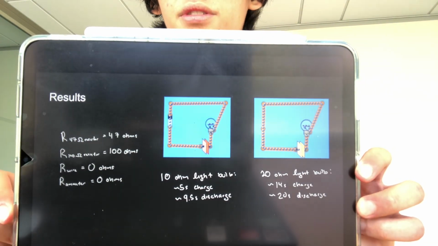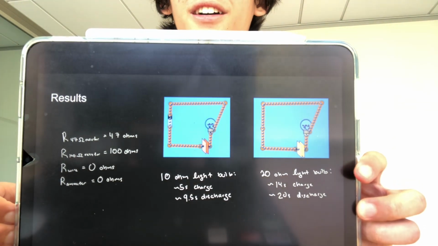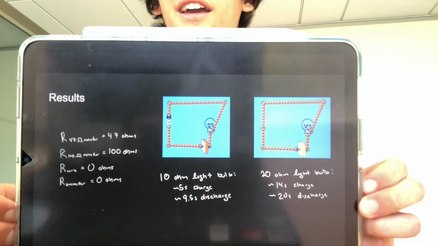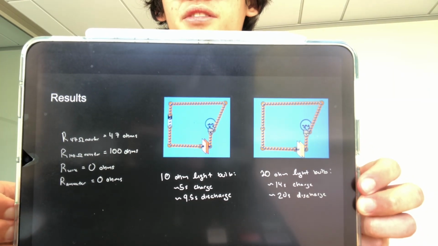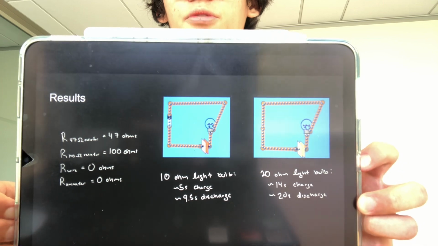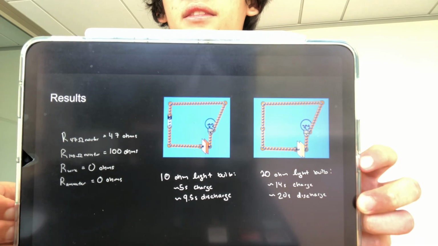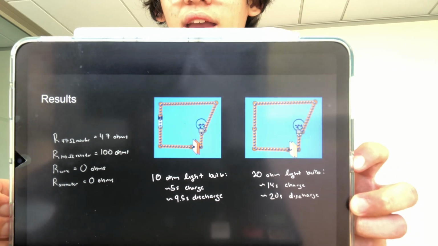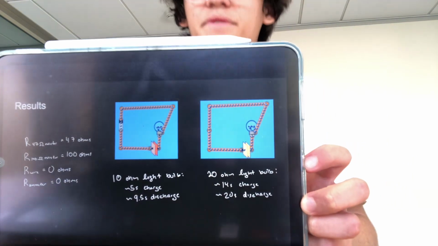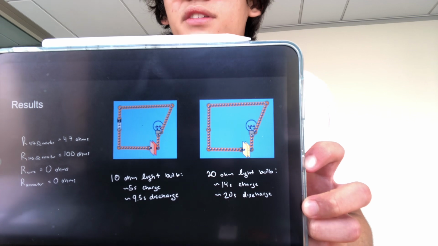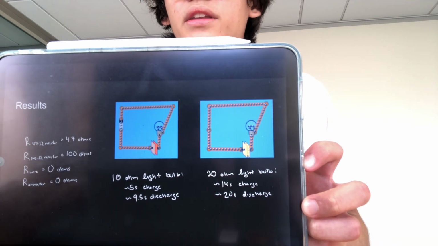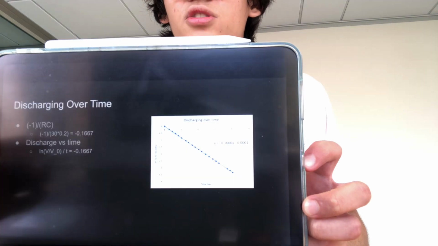Our results were that the first resistor was 47 ohms, the second resistor was 100 ohms, and the resistance of the wire and the ammeter was 0. The 10 ohm light bulb had a 5-second charge and a 9.5-second discharge, and the 20 ohm light bulb had a 14-second charge and 20-second discharge.